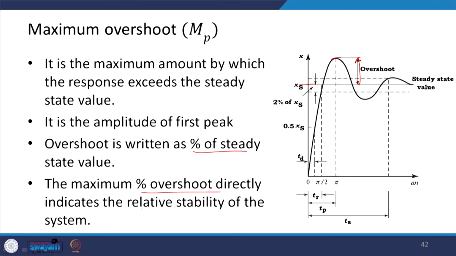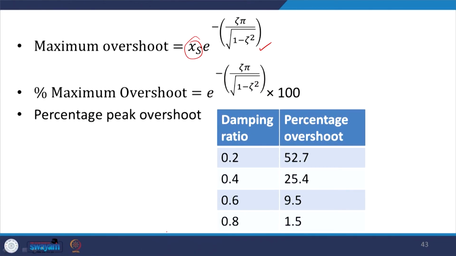Maximum percentage overshoot directly indicates the relative stability of the system. This maximum overshoot can be derived to be like this in terms of the steady state value, and in terms of the maximum percentage overshoot it could be derived like this.